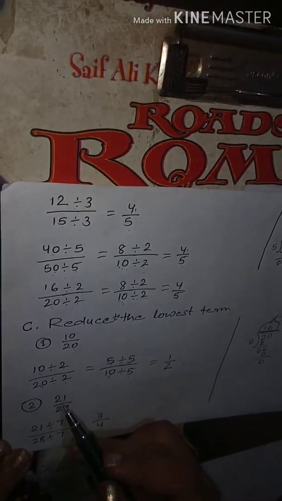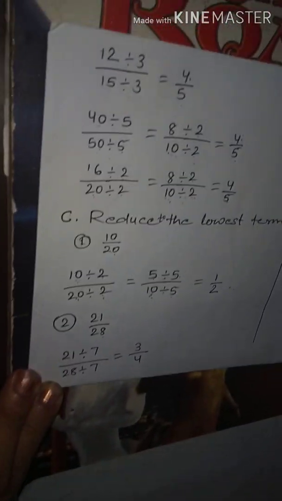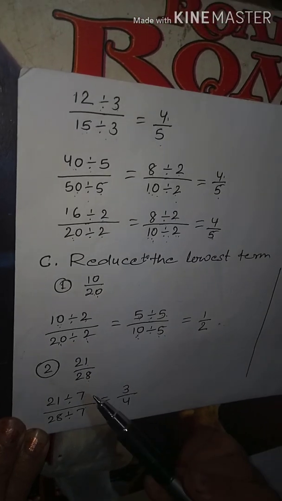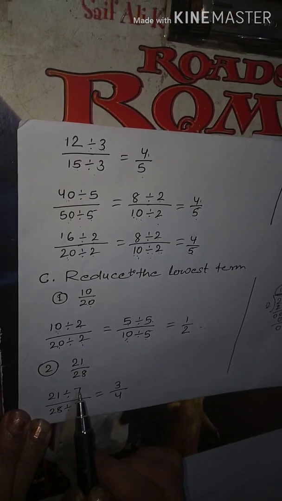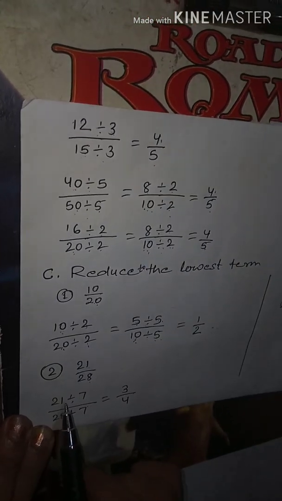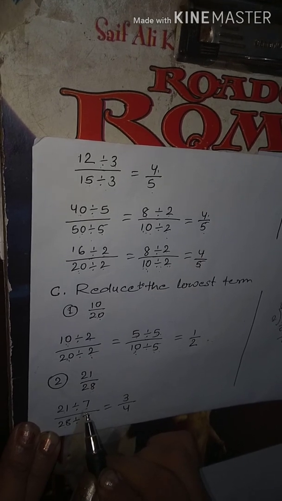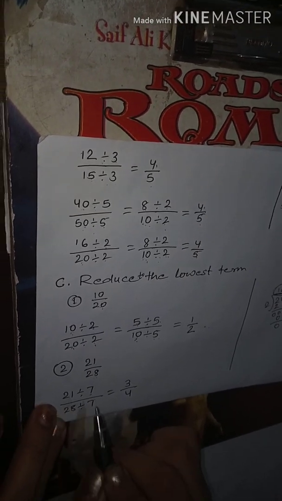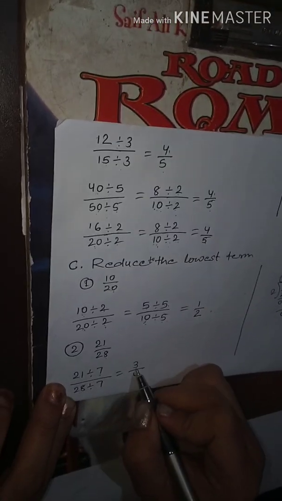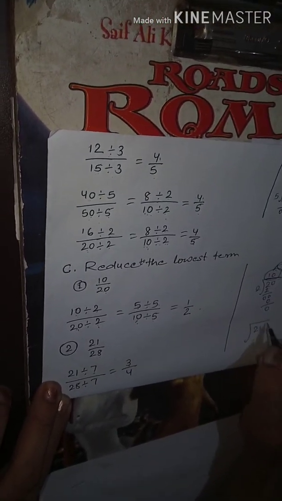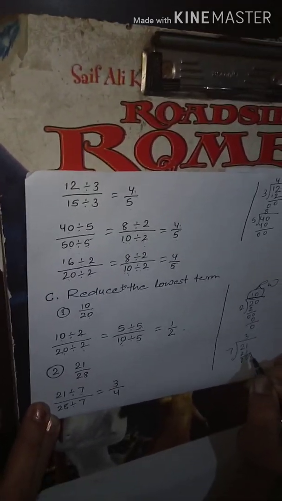Next question number 2, 21 by 28. Now you have to think which number divides 21 and 28 exactly. Yes, 7 can divide 21 and 28 exactly. In the 7 table, you count how many times 21 will come. 7 1s are 7, 7 2s are 14, 7 3s are 21. 1 minus 1 is 0, 2 minus 2 is 0.